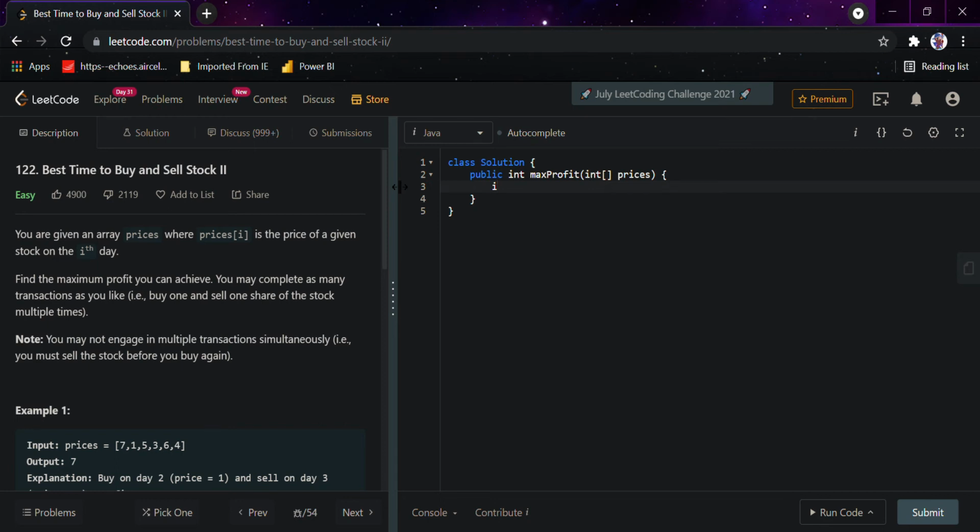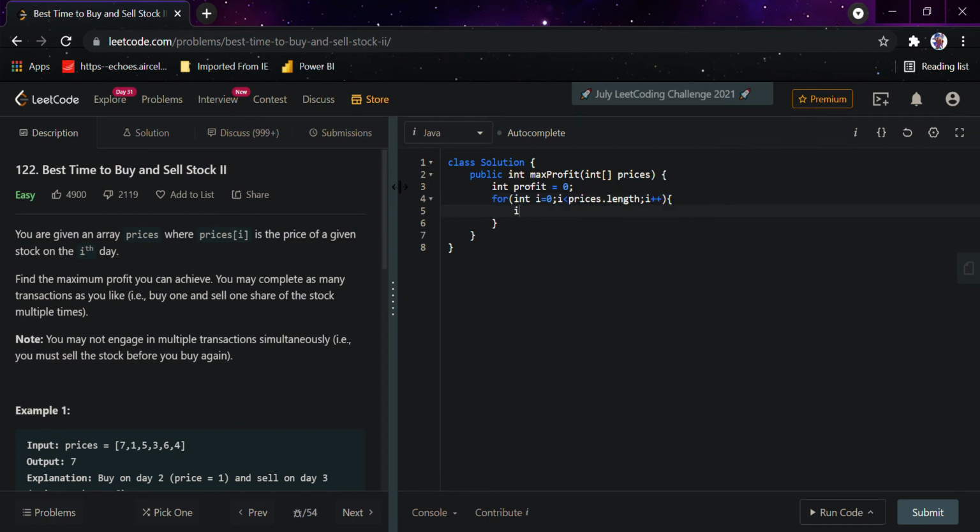So for now I would write int profit equals 0, and then iterate throughout the array: int i equals 1, i less than prices.length, i plus plus.